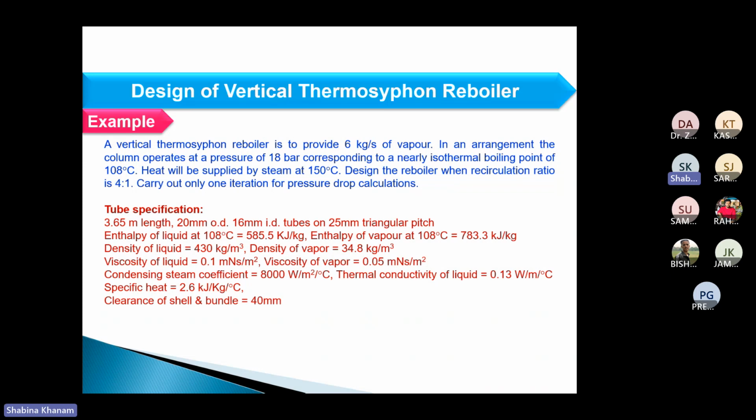We need to maintain the recirculation ratio, and it is important to ensure it is maintained before proceeding to the heat transfer coefficient calculation, because it is natural circulation, so naturally it should move. In what condition this circulation occurs naturally, we need to ensure first, and then proceed to the heat transfer coefficient and other parameter calculations.